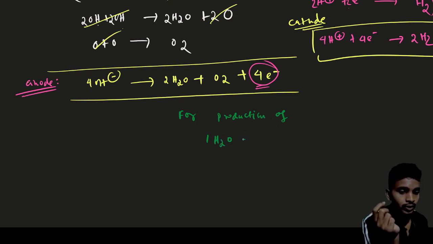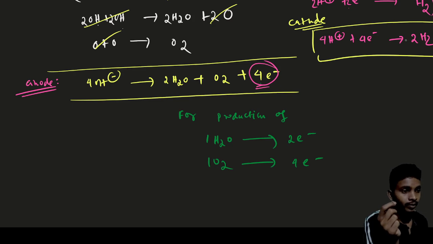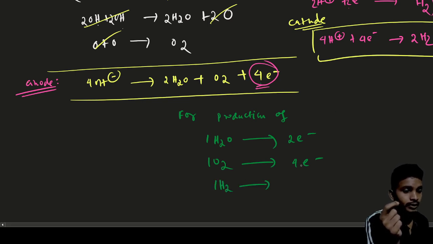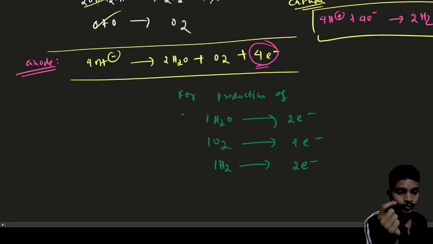For production of 2 moles of H2 we need 4 electrons, and for production of 1 mole of H2 we need 2 electrons. From here, these things we have to remember.